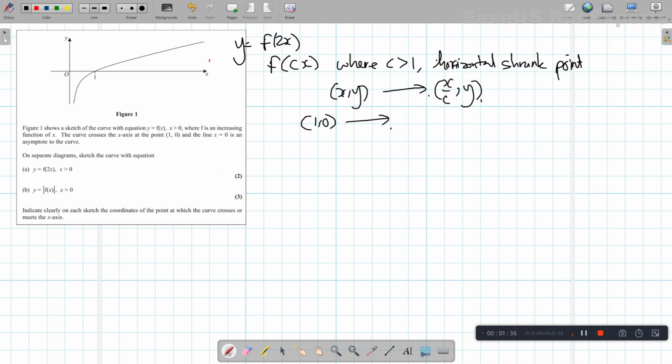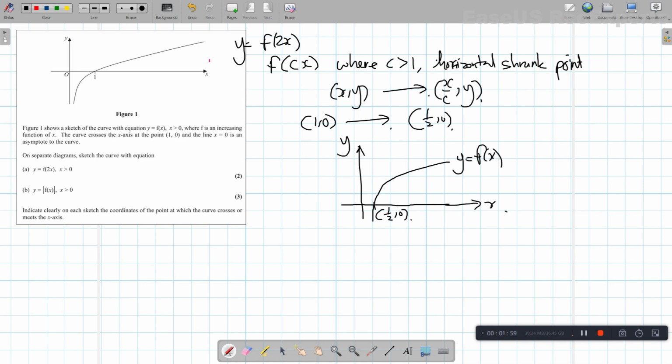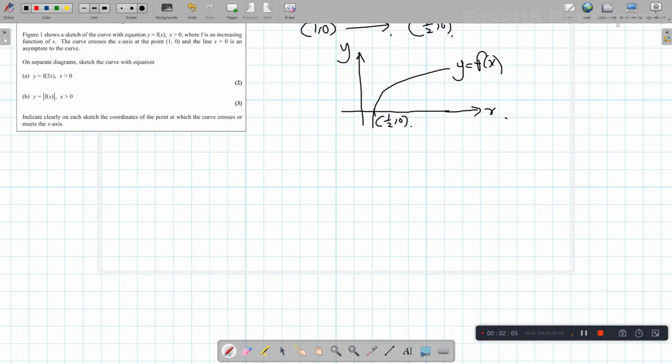Therefore, the new coordinate is (1/2, 0). So I can sketch that. Okay, it's the same thing. Instead of 1, this time we have (1/2, 0), and this is y equals f(x), and this is the x-axis. Done.